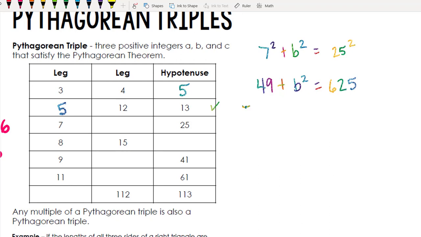So I'm going to subtract the 49 from both sides to keep my equation balanced, and b squared is equal to 625 minus 49, which is 576.